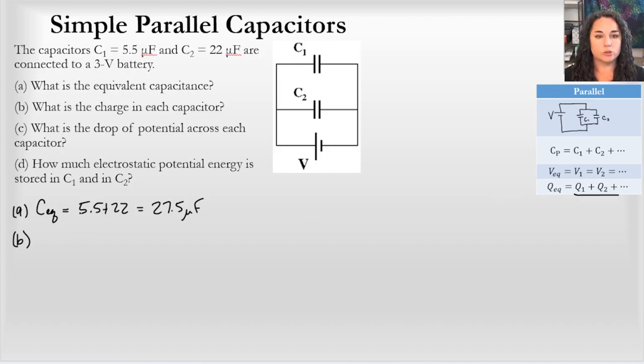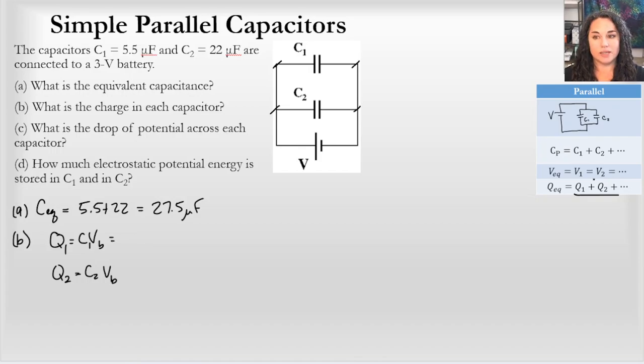I'm going to go back to what I just said that always works, which is Q equals CV. For this problem, both of those capacitors are connected in parallel with that battery. So these two branches are going to have the same voltage as the battery. So if I want to find Q1, I'll take C1 and multiply by the voltage of the battery. If I want to find Q2, I'm going to take C2 and multiply by the voltage of the battery.